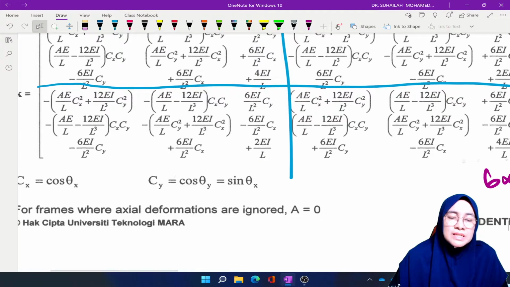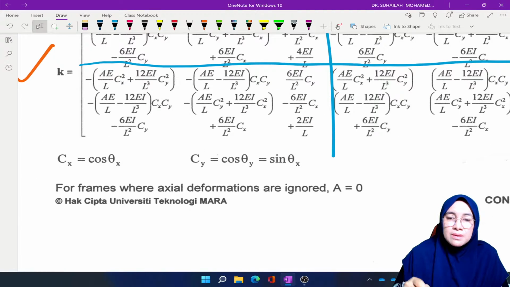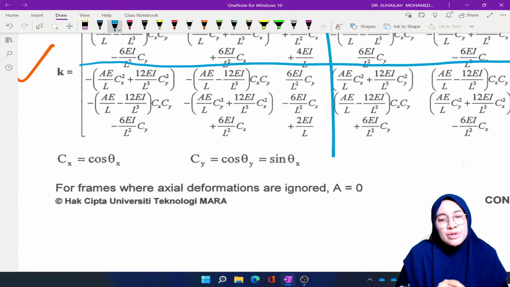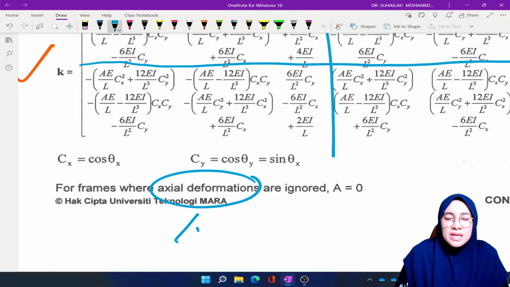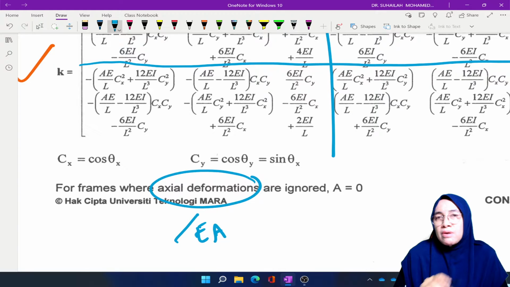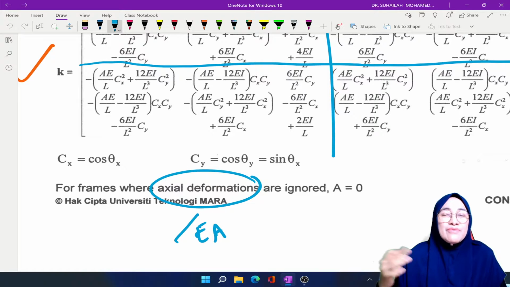However, let's look at the statement down below here. For frame where axial deformation is ignored, axial deformation, EA, it is about A. When axial deformation is ignored, or we neglect the A value, or we consider bending effect only, that is the same meaning. So it means that A is equal to 0.